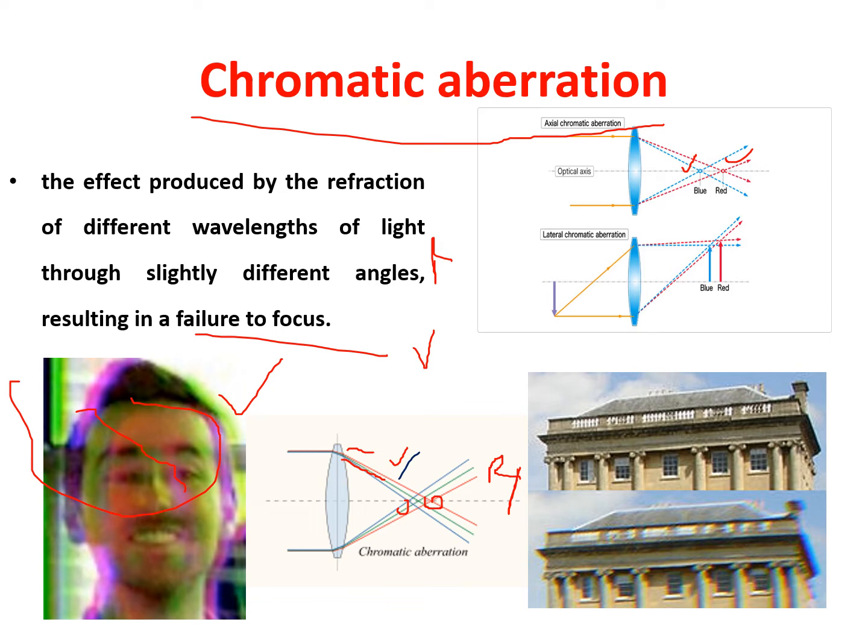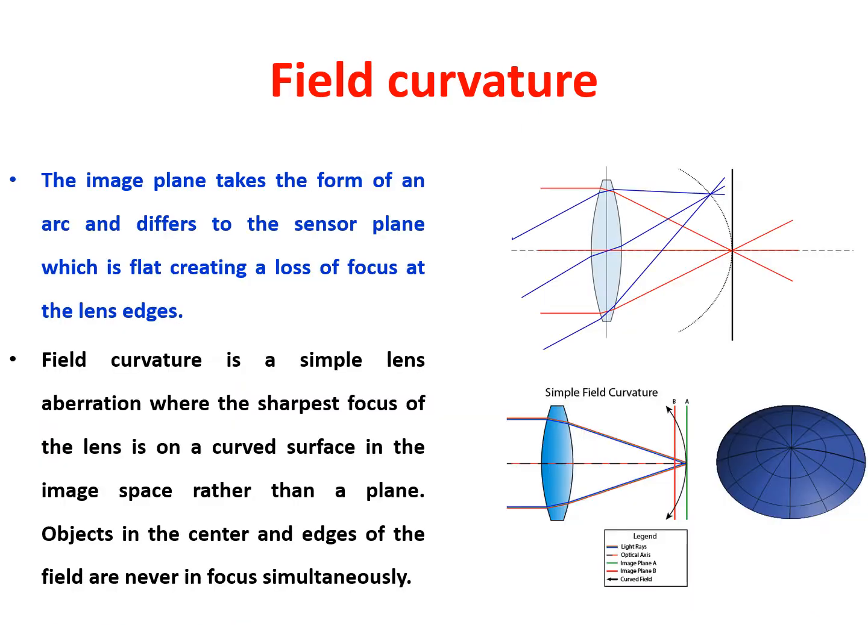Different wavelength will have a different focus because of the irregularity in the lens that causes a different focal point for the different focal length of the different wavelength of colors. So normally the image should be like this, but the image here is appearing like this in case of chromatic aberrations.